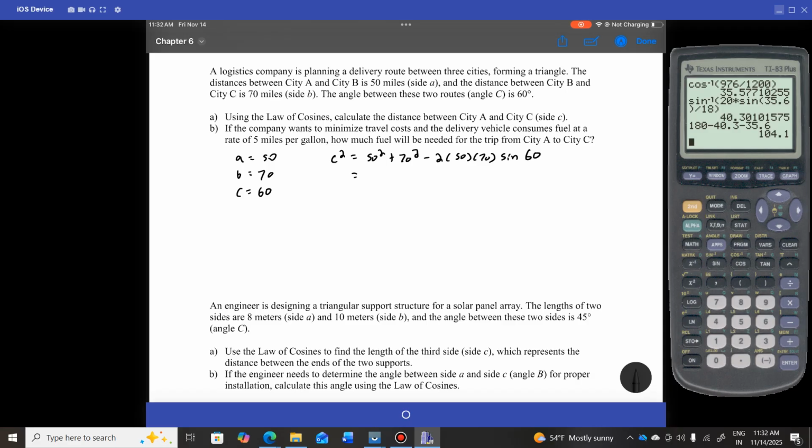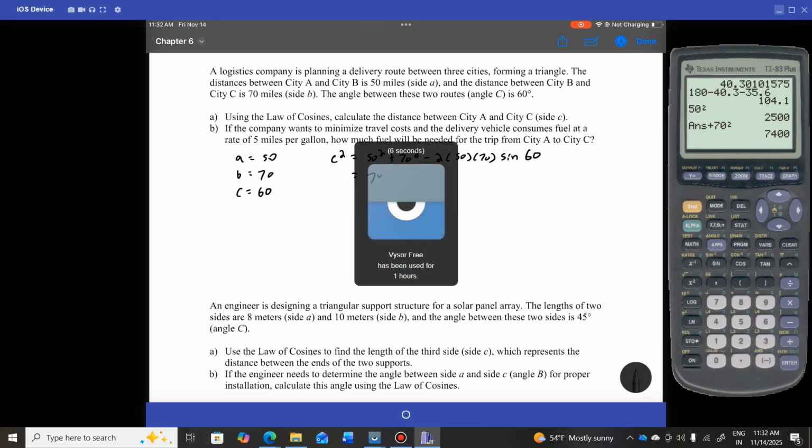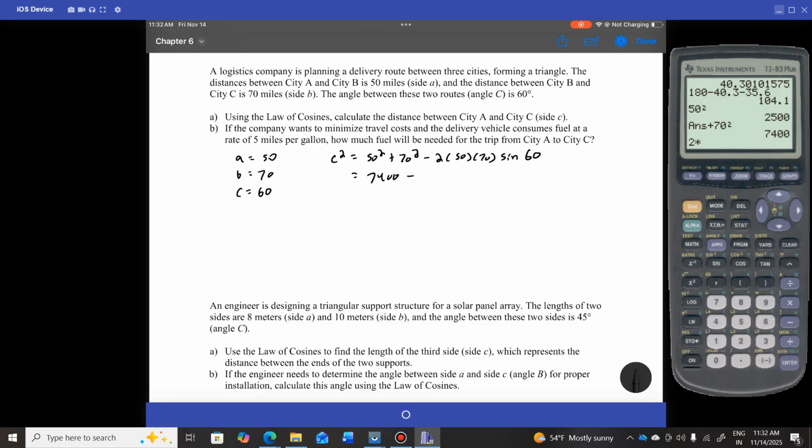And so we'll work this out. 50 squared plus 70 squared is 7,400 minus 2 times 50 times 70, which is 7,000, sine 60.